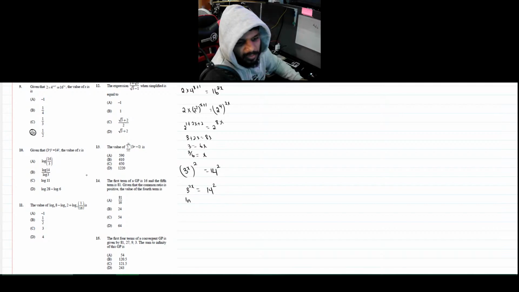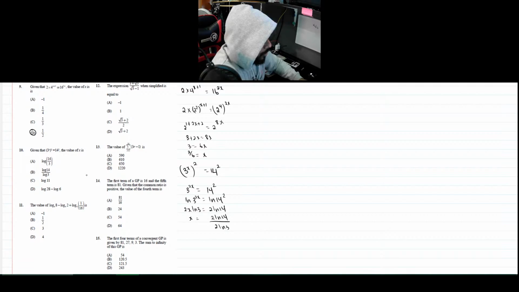We could take ln or lg. ln of 3 to the power 2x is ln of 14 squared. 2x ln 3 is 2 ln 14. X is equal to 2 ln 14 over 2 ln 3. So we have ln 14 over ln 3, or we can have log 14 over log 3. So the answer is B.